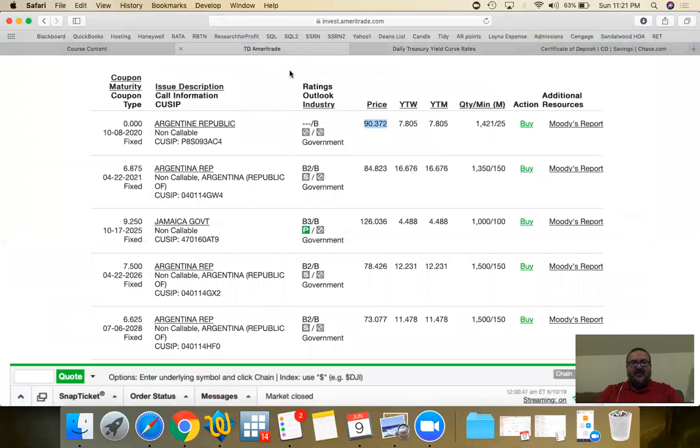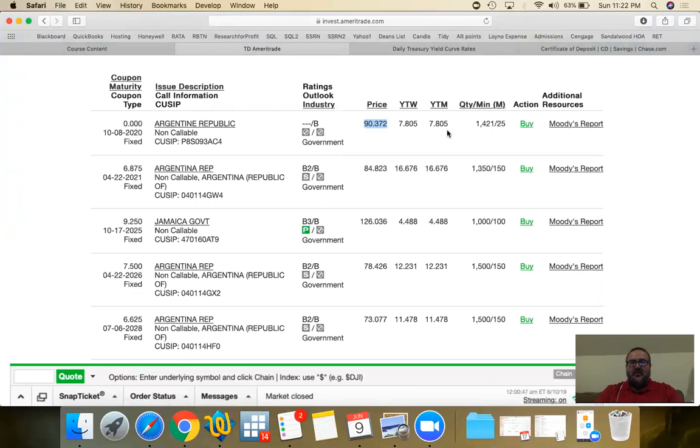So for this Argentinian bond that matures in 2020, we will receive $100 and we are willing to pay $90 for it. In this bond, no yield is written on the bond. However, as you pay $90 for it today and receive $100 in October of 2020, your net yield will be 7.8%.